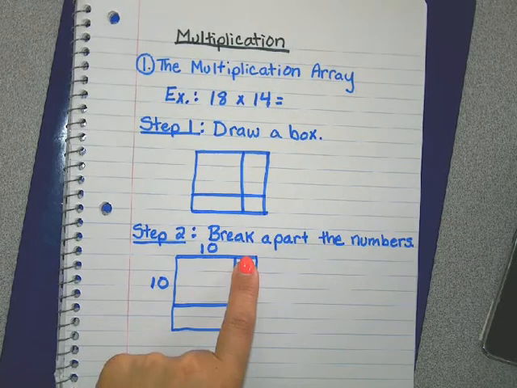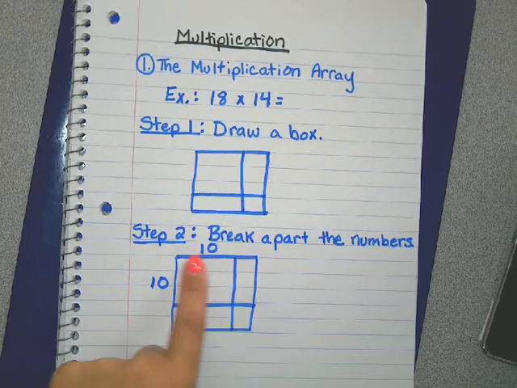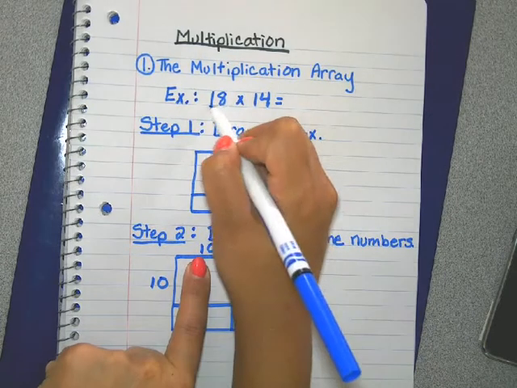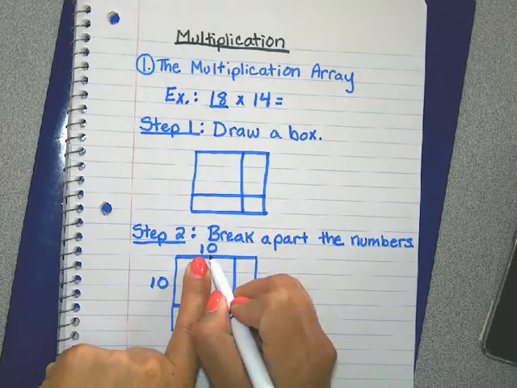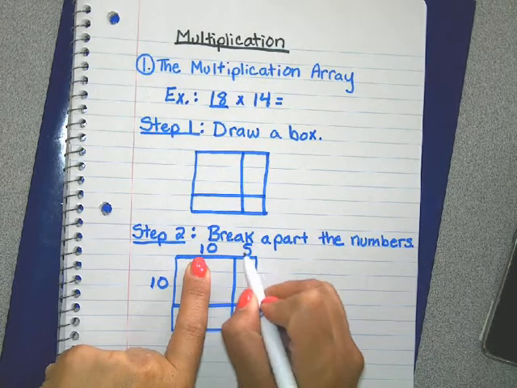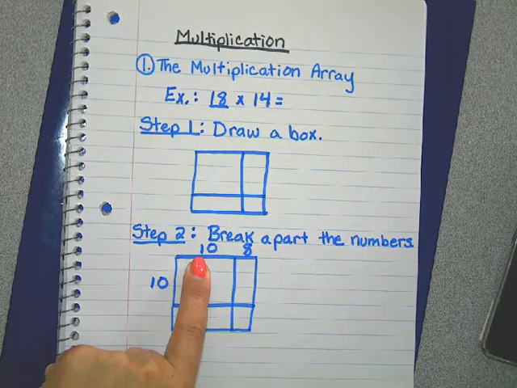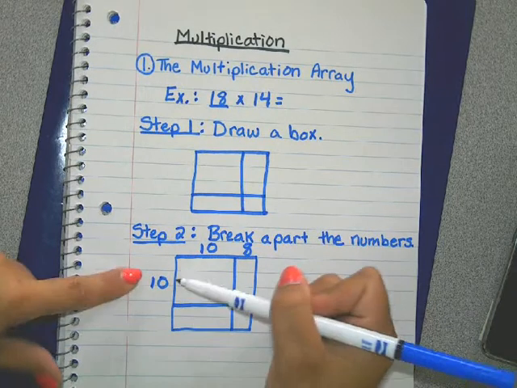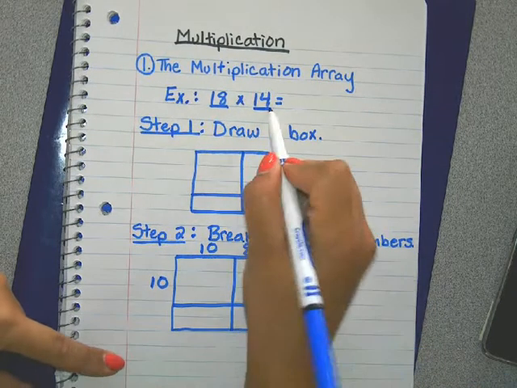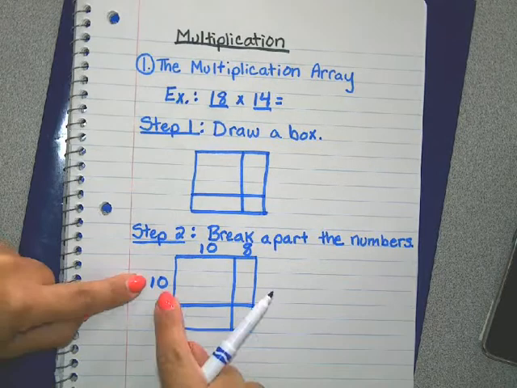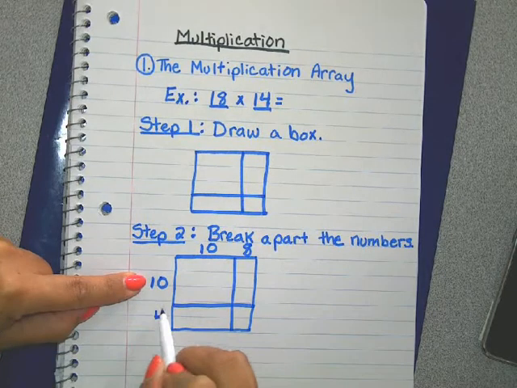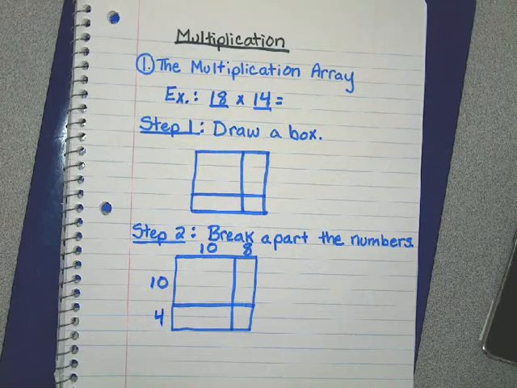How would you break apart these numbers? What would you break them apart into? Ivan? 10 and 10. Okay, both of these numbers definitely have a 10. I would put my 10 as the bigger one. But then what am I going to put here and here? What would you do, Mason?